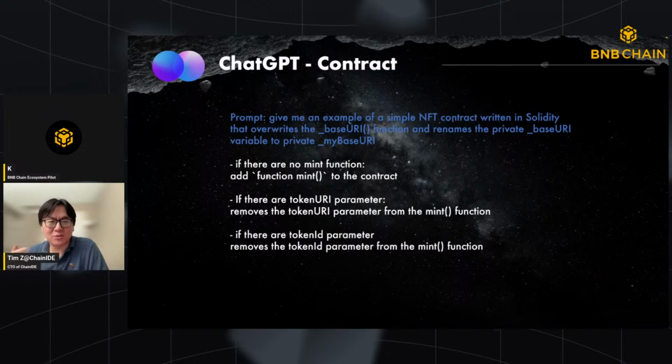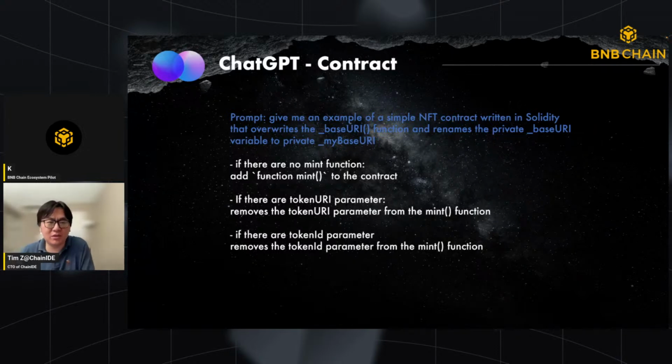Because this is what we discovered, that even though using ChatGPT, it will give you a response that looks reasonable, but usually there are some pitfalls. So we need to slightly modify our prompt to form a conversation with ChatGPT, and in the end it will give us a satisfactory answer.